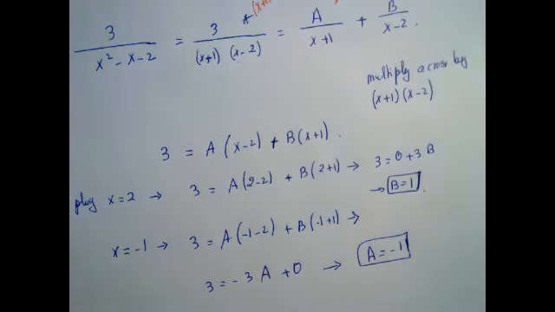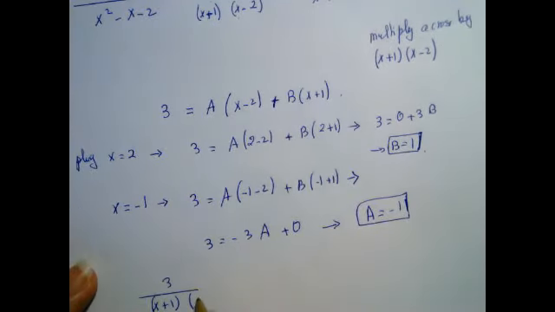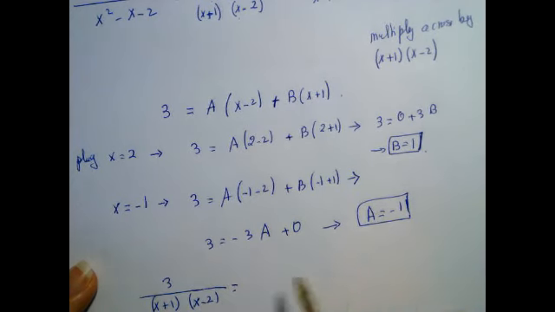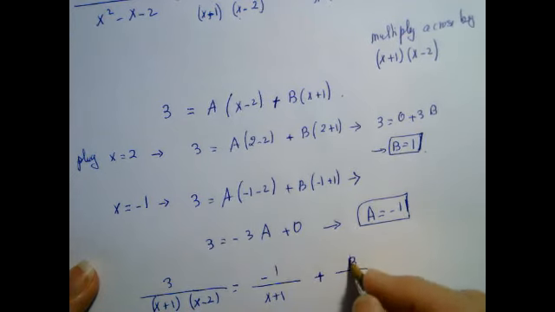What does this tell me? This tells me that the expression 3 over x plus 1 times x minus 2 is actually equal to minus 1 over x plus 1 plus 1, that's my b, over x minus 2.